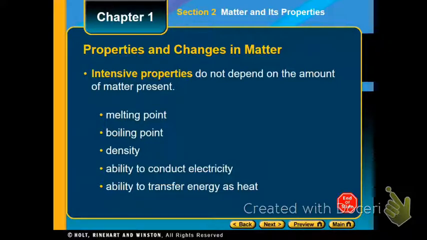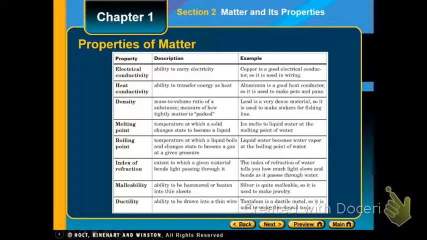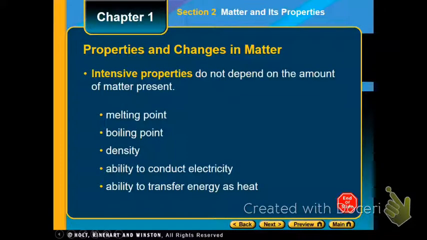An example of this would be, let's say that you had a cup of water. Well, that 1 cup of water will boil at 100 degrees Celsius all day long.